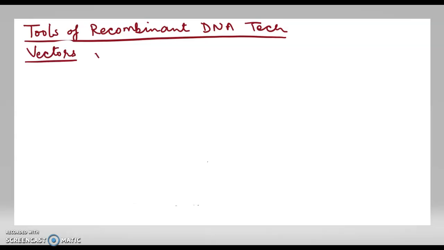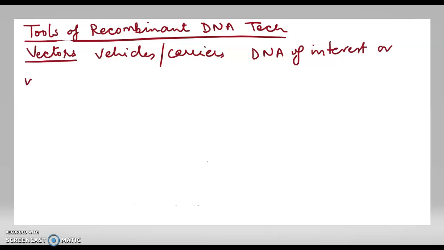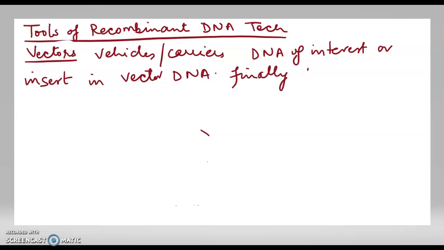Vectors are actually vehicles, or carriers which carry DNA of interest or insert, and that is added in vector DNA. And finally, it is transferred into host cell for cloning purposes.